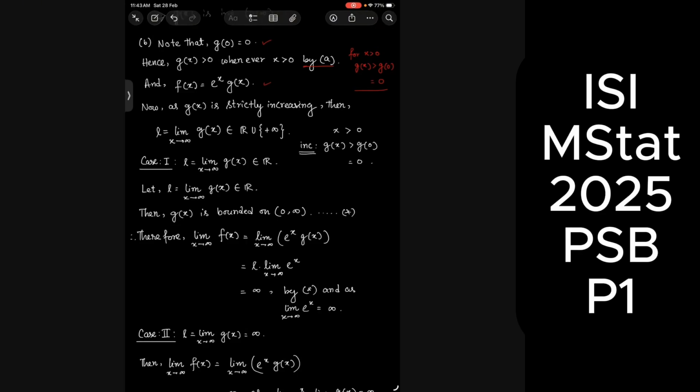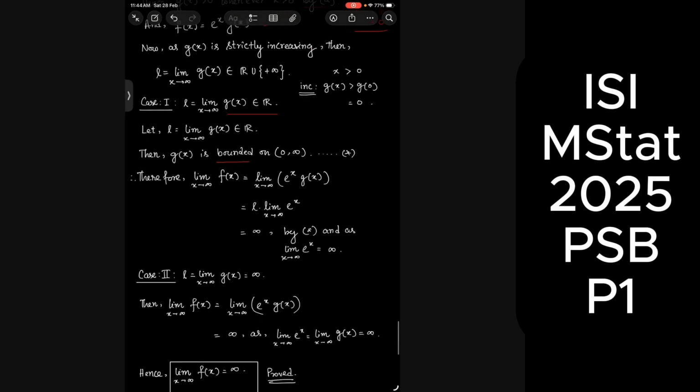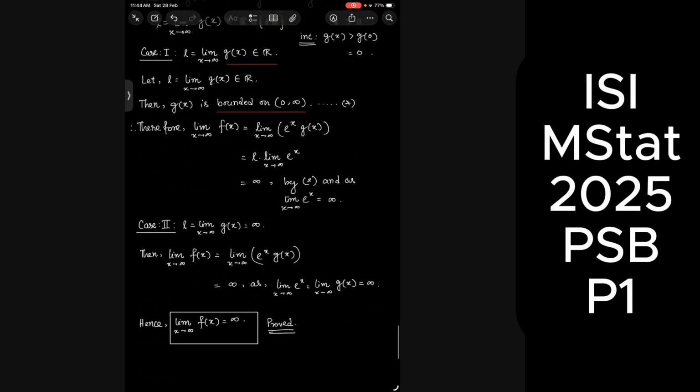Okay, so case 1. In this case, we have taken that the limit L is a real number. Then, as I said, g x is bounded. But if you take the limit of e to the power x times this, it will give you infinity.